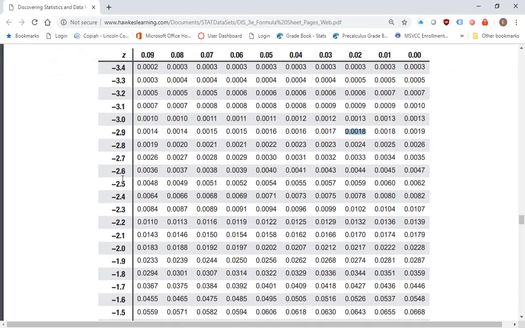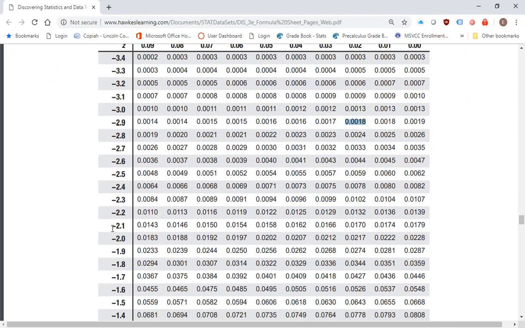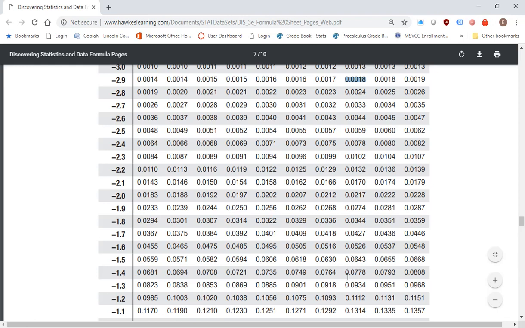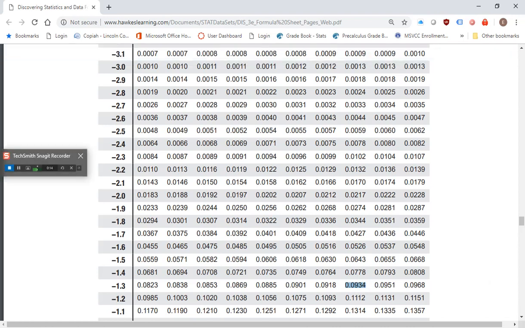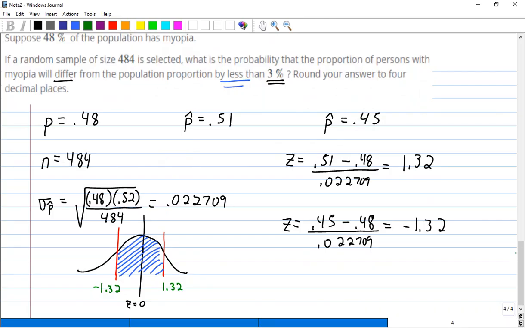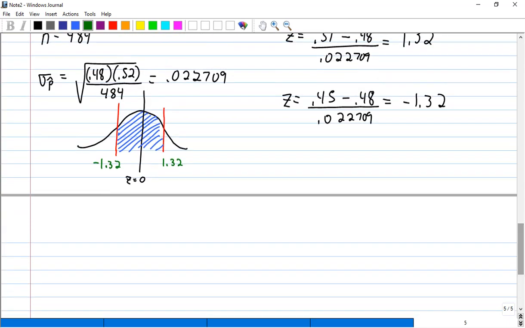Alright, so negative 1.32. Remember the column the 2's are in. They're in this column right here. Negative 1.32 is right there. So I got 0.0934. So this area over here was 0.0934.